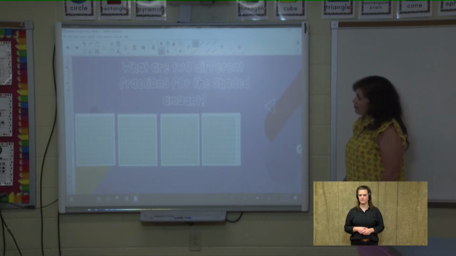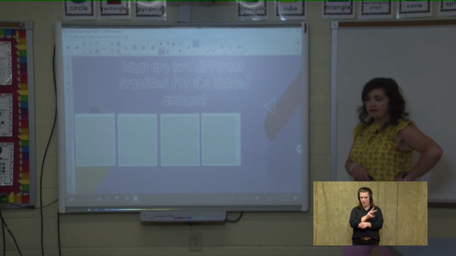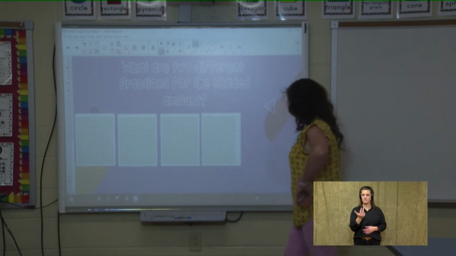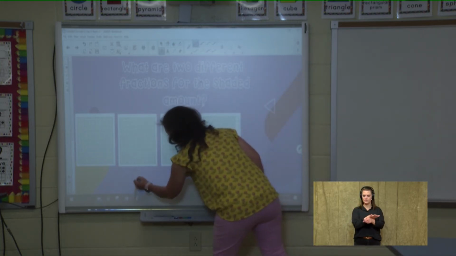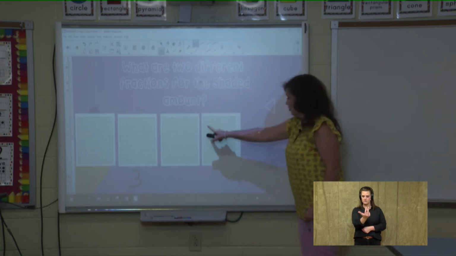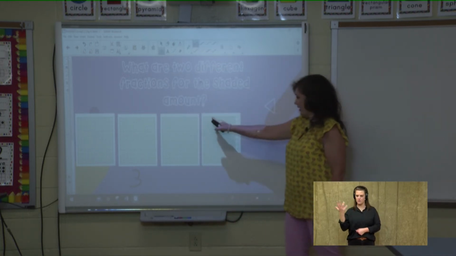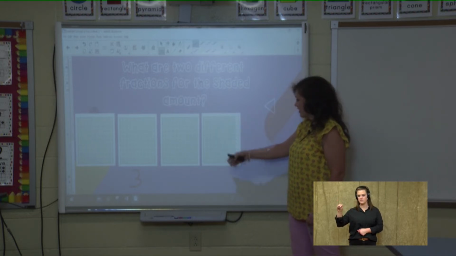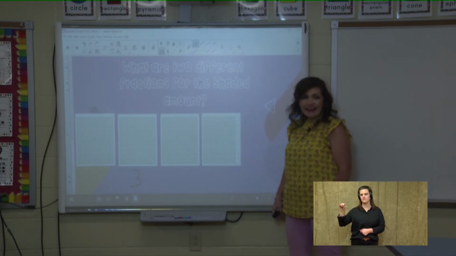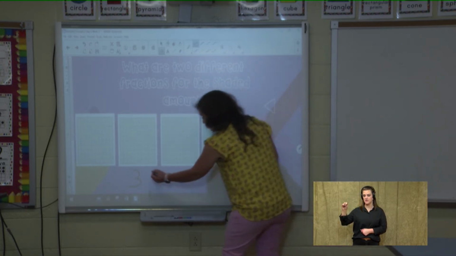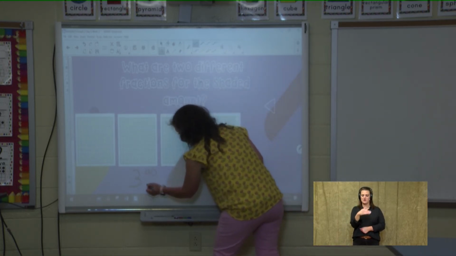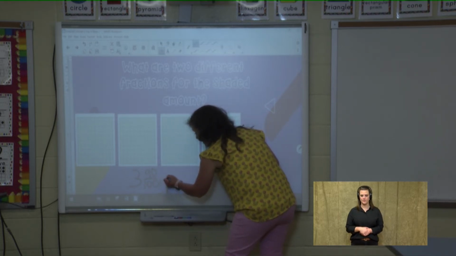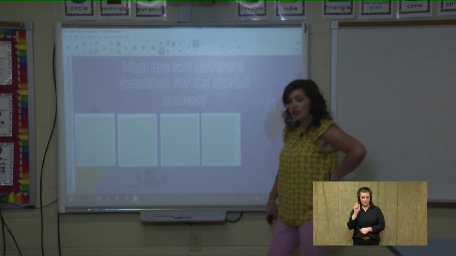So let's look at this one. How many wholes do you see? 1, 2, 3 wholes. Very good. All right, what fraction do you see? 10, 20, 30, 40, 50, 60, 70, 80, 90 hundredths. So my fraction would look like this. And do you know what the decimal would look like?